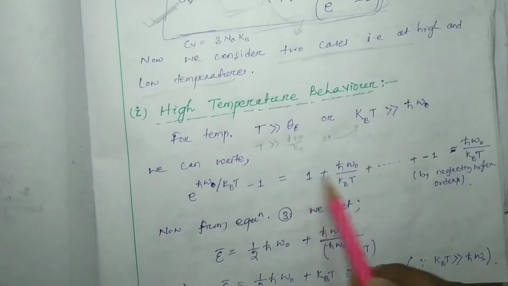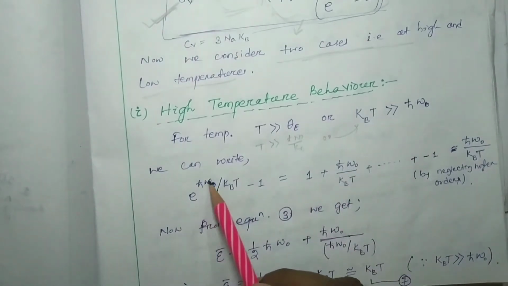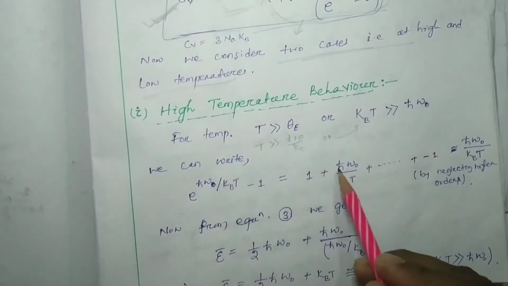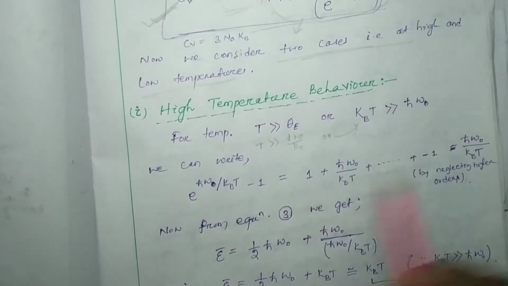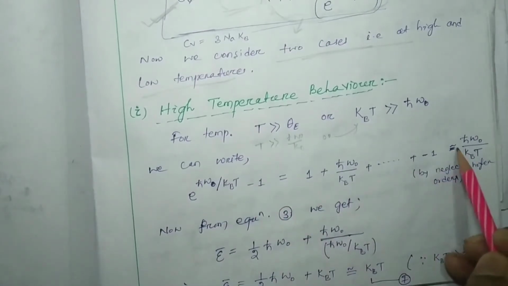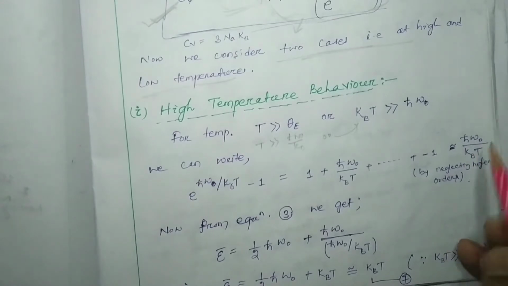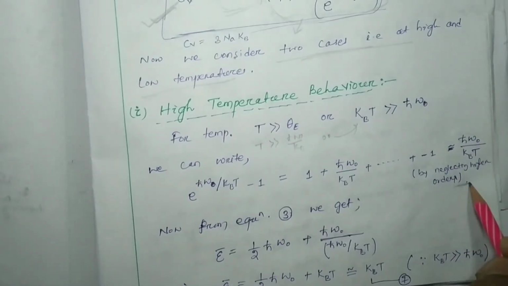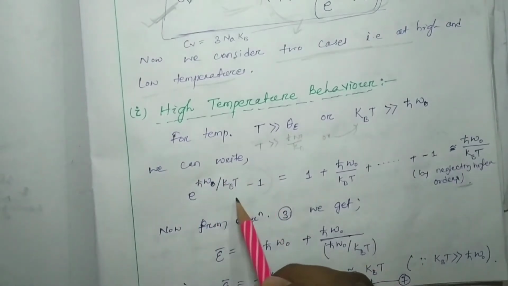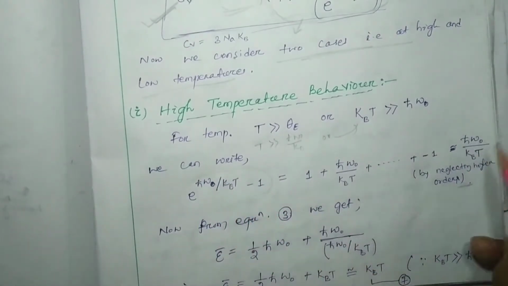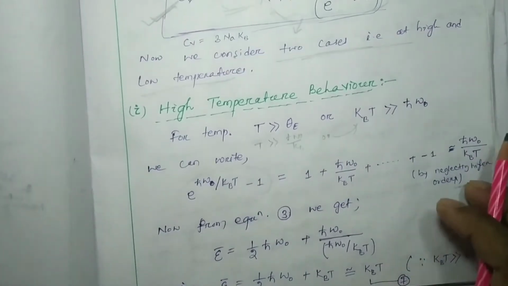If we consider the first two terms, we get 1 plus x, that is h cross omega 0 by kBT, minus 1, and we get approximately h cross omega 0 by kBT by neglecting higher terms. So this whole term is equivalent to this one at higher temperature.